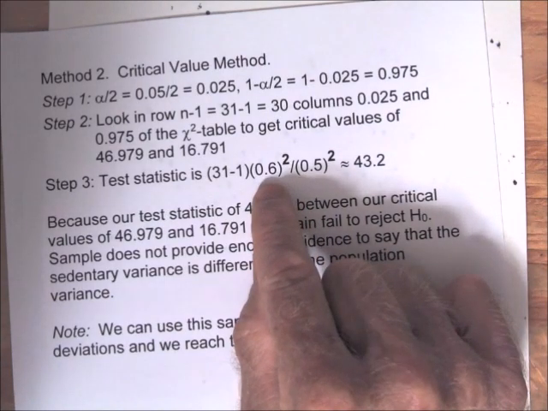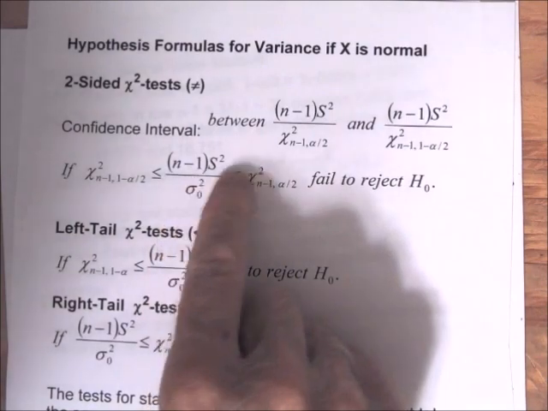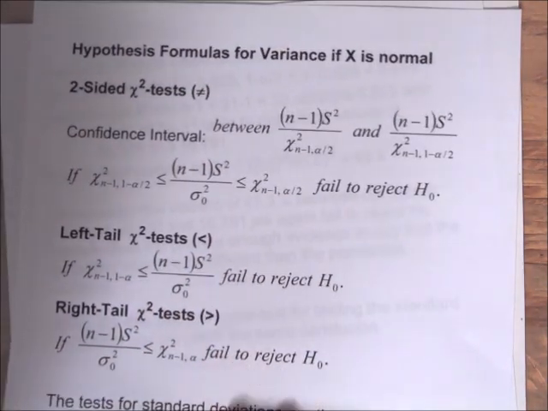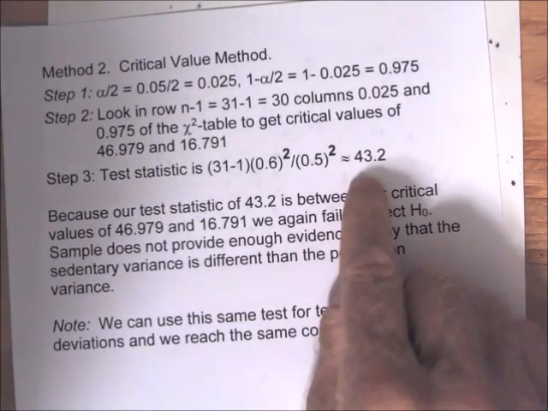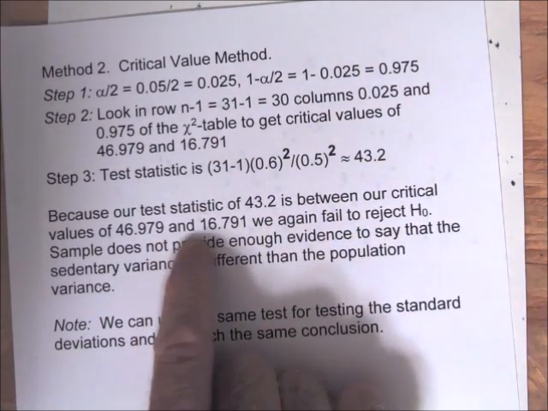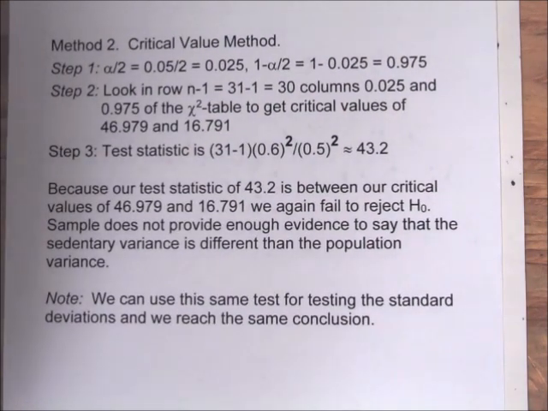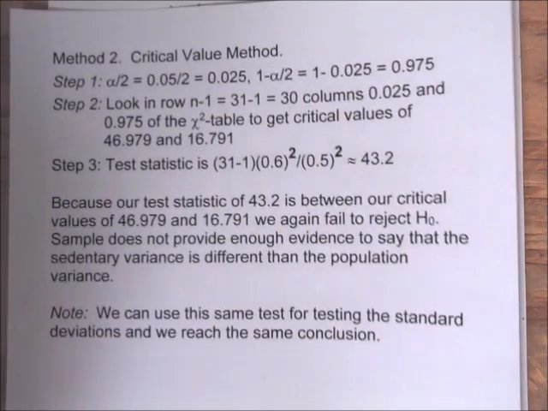The test statistic is n minus 1 times s squared over sigma naught squared, so it's going to be approximately 43.2, and because 43.2 is between the two critical values, we again fail to reject H0. And it's the same test if we're doing a standard deviation.